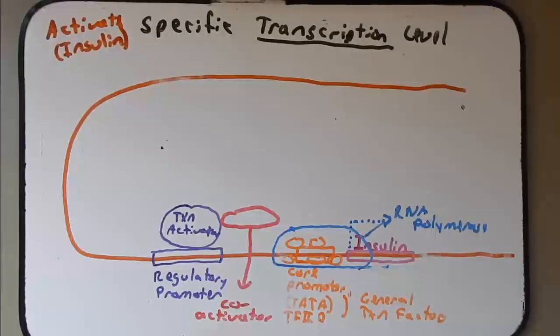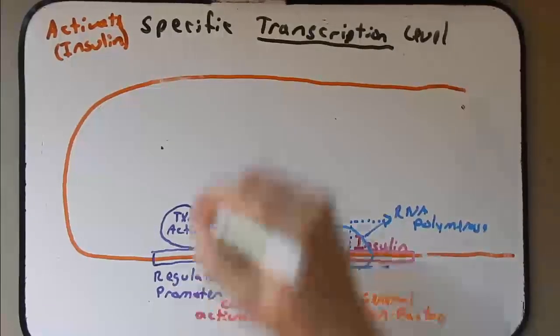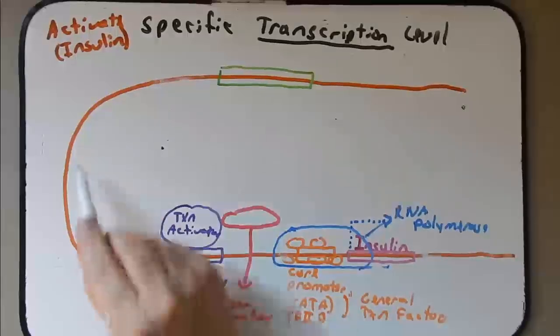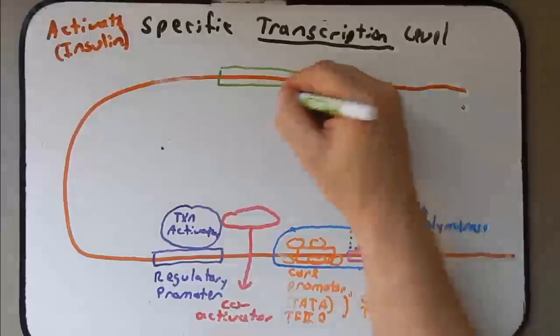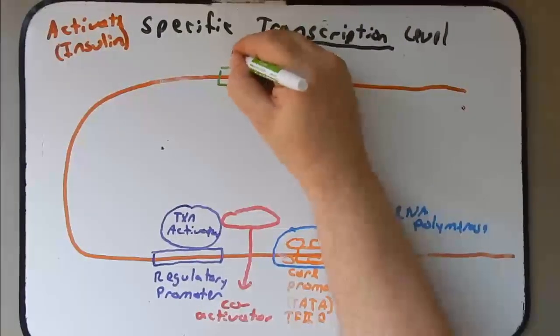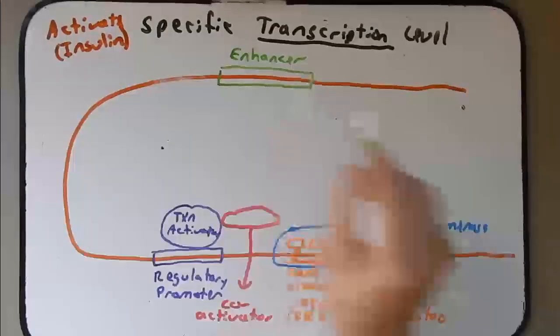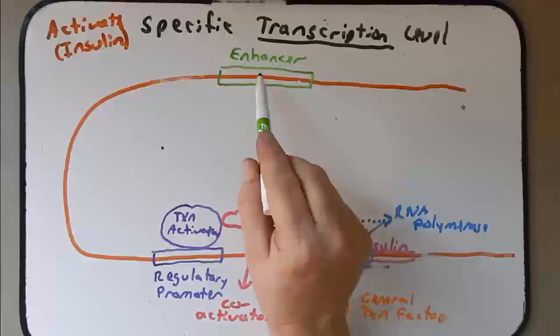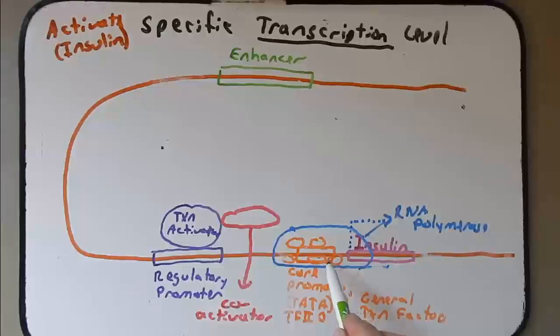Now again, depending on the level of control and the degree of expression that is desired, there are sometimes additional regulatory sequences. So I'm going to draw an additional regulatory sequence up here. And I've intentionally drawn it far away because these sequences, which are called enhancer sequences, are typically found thousands of base pairs away. Sometimes it's hard to imagine how they could help affect this gene that's, again, thousands of base pairs away.